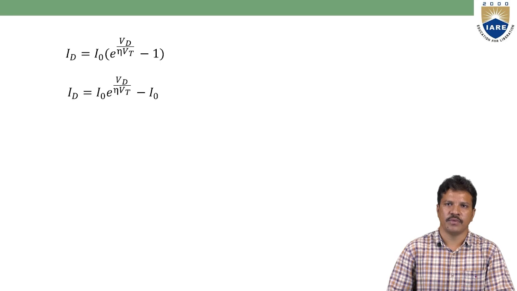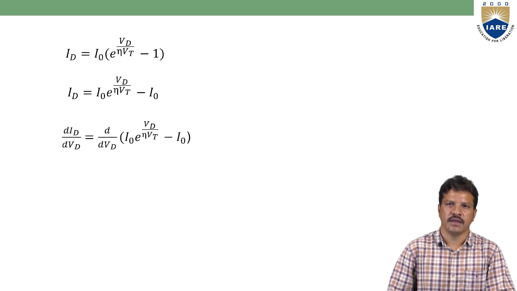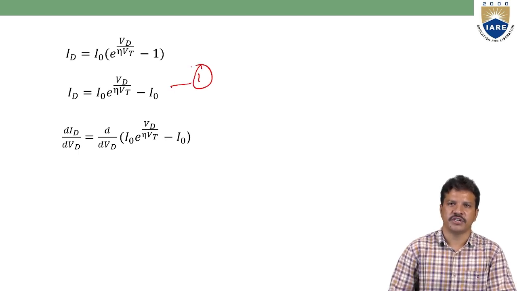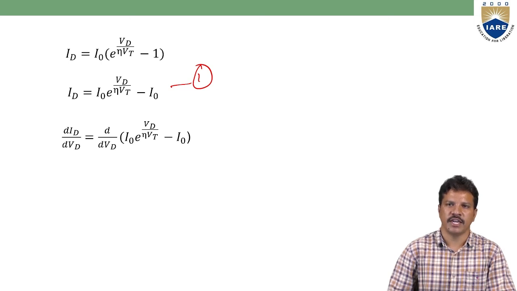This can also be written like this, expanding the I naught. And this is the differentiation of this equation. For example, this is equation 1. Differentiation of equation 1 with respect to VD. Then d by dVD of I naught into e power VD by eta VT minus 1, that is minus I naught.